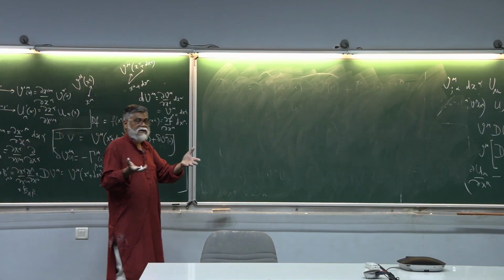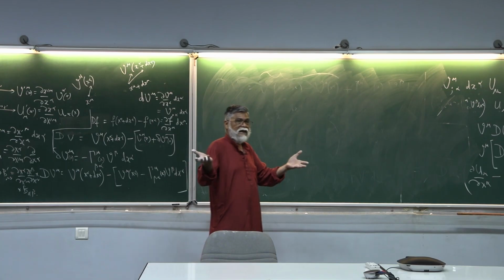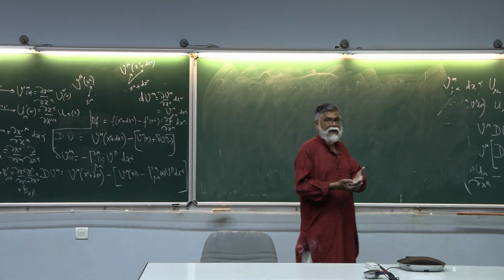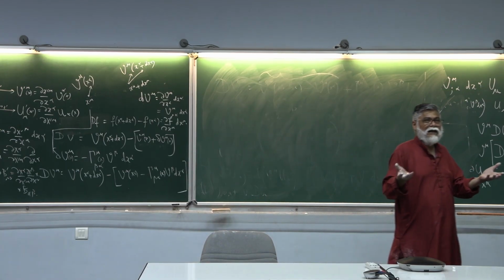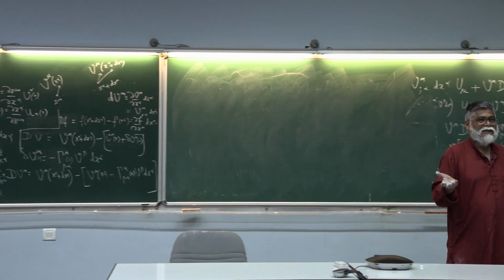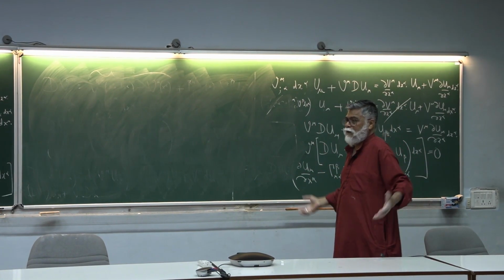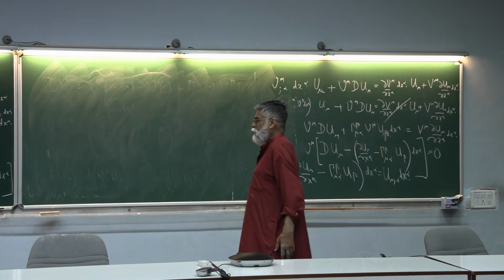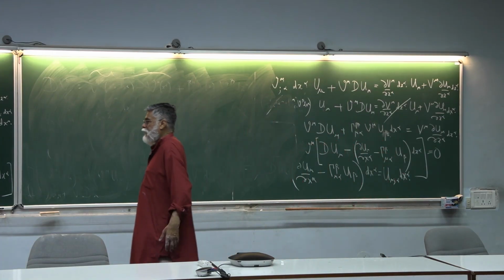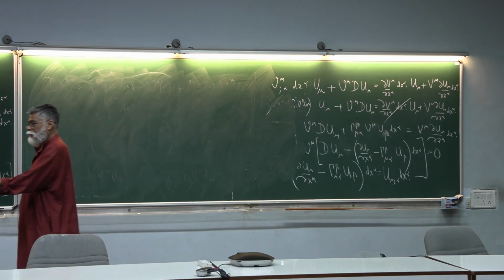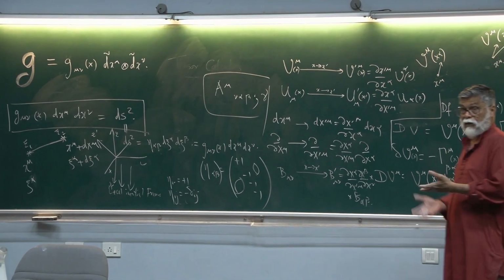Weak interactions will tell you those which have weak charges will interact weakly. Electromagnetic forces will tell you only those which have electric charges will be affected. But neutral particles don't get affected by electromagnetic forces. So there's no reason why electromagnetic forces should come out of space-time geometry. That would be completely wrong.